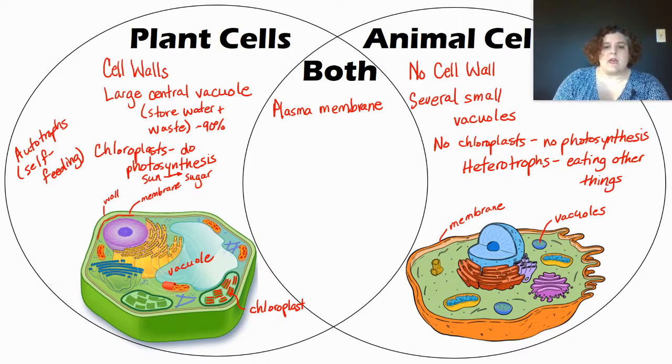So some other things that they have in common, they're both eukaryotes, so they both have a nucleus. Remember, bacteria or prokaryotes have no nucleus. Both animal and plant cells are eukaryotes.